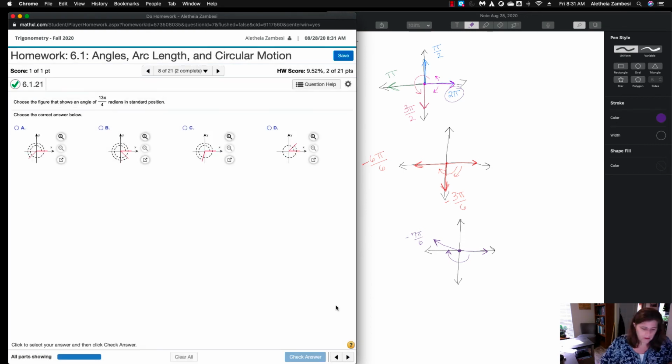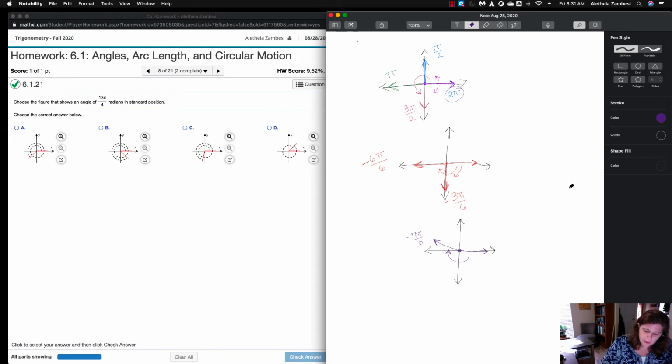Here's another one where it says that I want 13 pi over 4 in radians. All right, so when we're talking about fourths in pi, remember that if you are working with fractions, then we're starting in the initial position. We'll use pink this time.